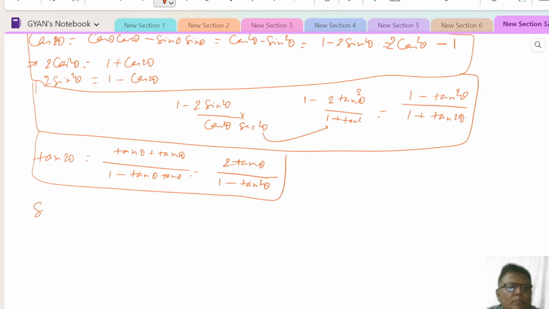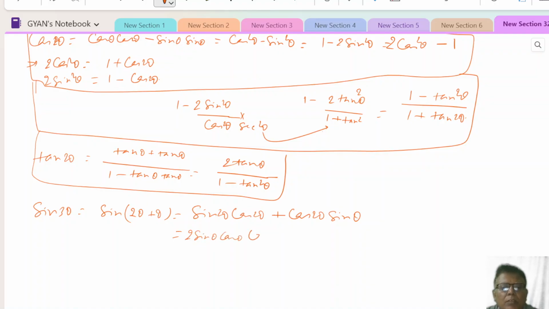Now come to sin 3 theta. Sin 3 theta is sin(2 theta plus theta), which is equal to sin 2 theta into cos theta plus cos 2 theta into sin theta. This is equal to 2 sin theta into cos theta into cos theta plus 1 minus 2 sin square theta from the above formula, into sin theta.